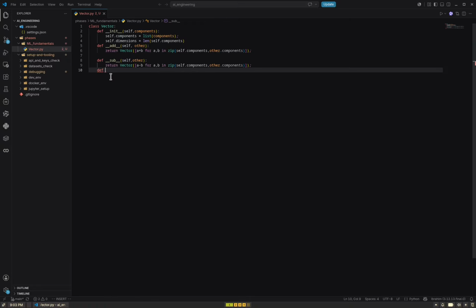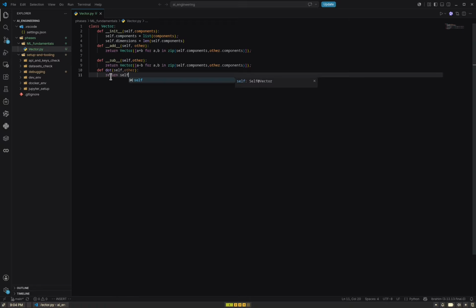And then the dot product, self and other. It takes the other and returns a value of self dot other. So what does it do? It multiplies A with A, B with B, and C with C.